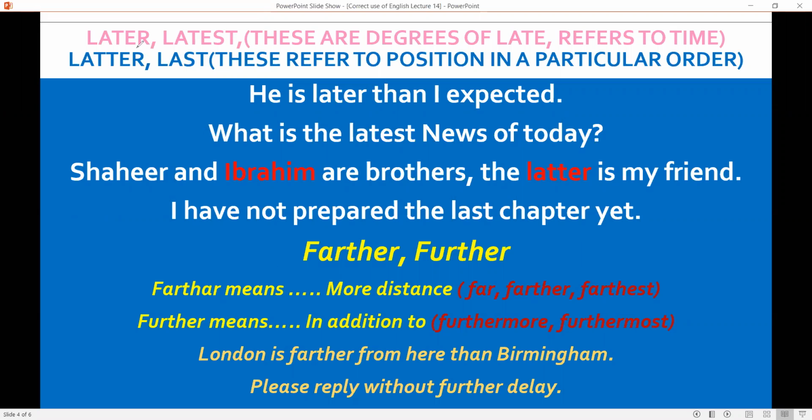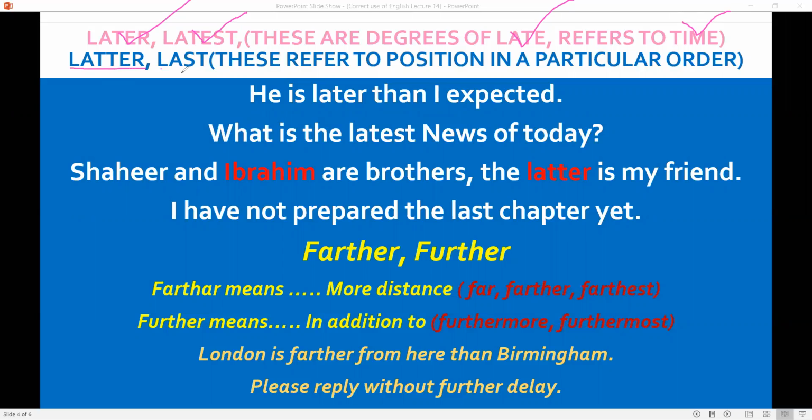Now there are some more words, later and latest, and latter and last. See the difference. Later and latest are the forms of late. These are the degrees of late, and these refer to time.